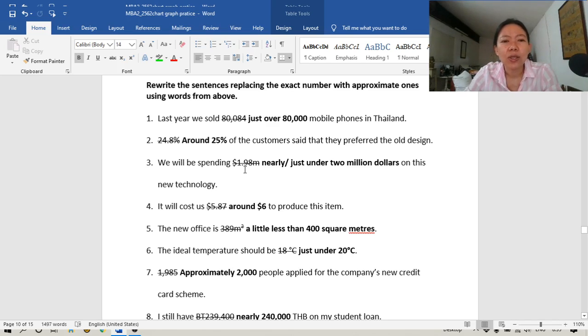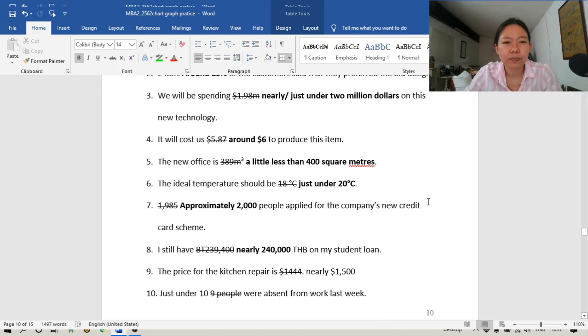So here you would say we will be spending just under $2 million on this new technology. And next, number 4, it will cost us $5.87. So you can change it to, it will cost us around $6 to produce this item.